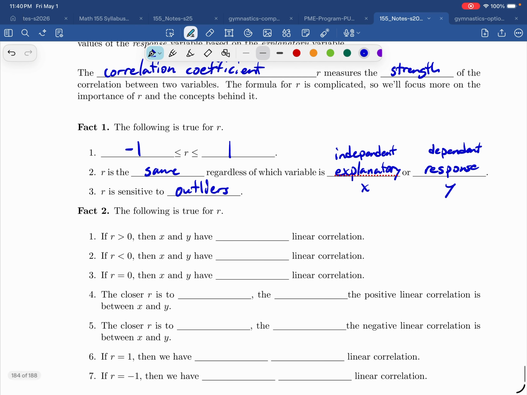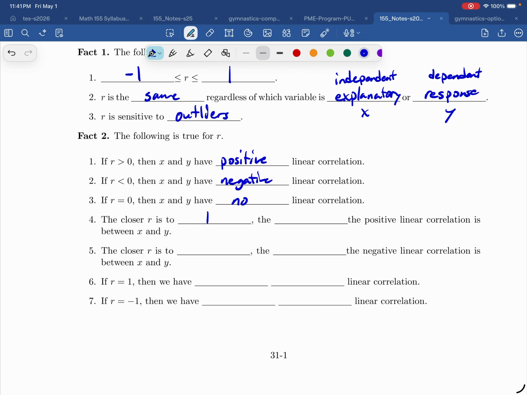The following is true for R. If R is greater than 0, then x and y have, as I just said, positive linear correlation. If R is less than 0, then x and y have negative linear correlation. If R equals 0, then x and y have no linear correlation. And the closer R is to 1, the stronger the positive linear correlation is between x and y. The closer R is to -1, the stronger the negative linear correlation is.